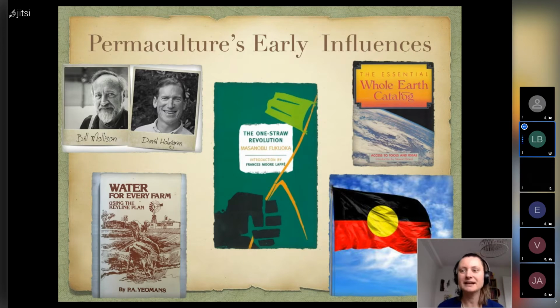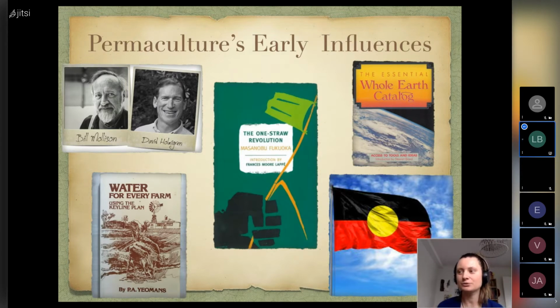And then finally, as Bill Mollison and David Holmgren lived in Tasmania, they were very much influenced by the culture and land stewardship of the Tasmanian Aboriginal peoples. So what they observed was this ability of the local people to have stable food producing systems.